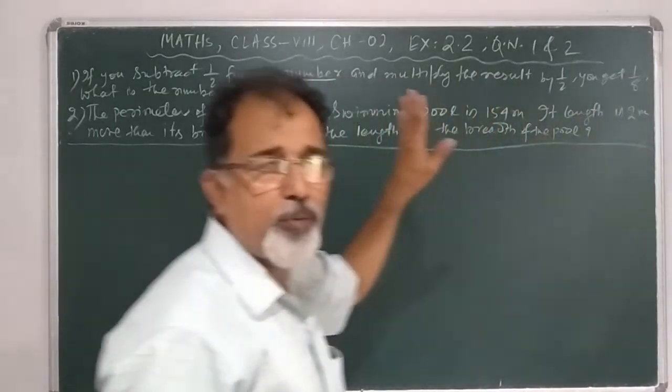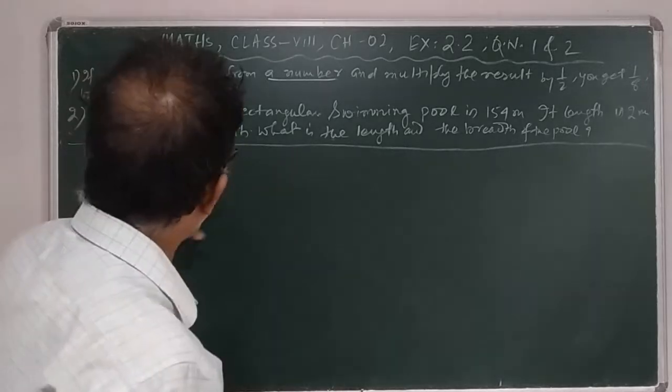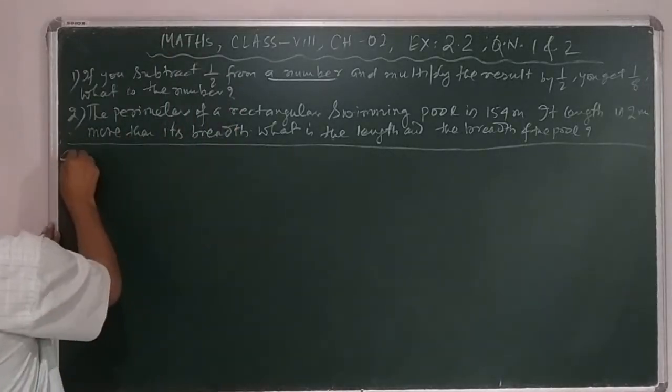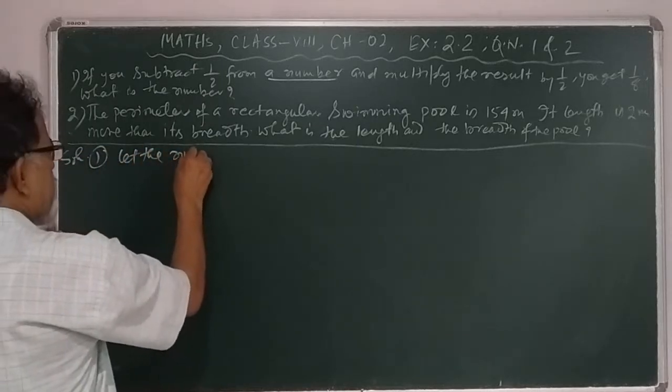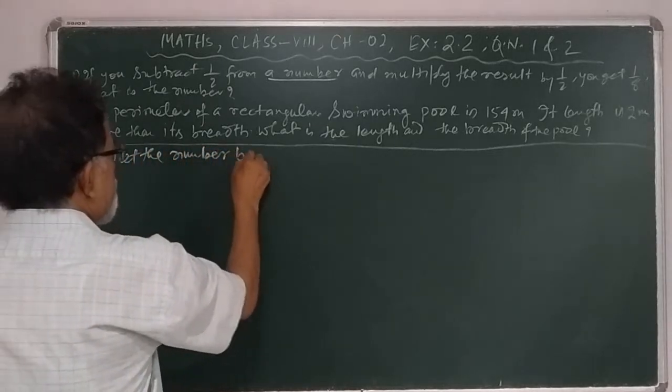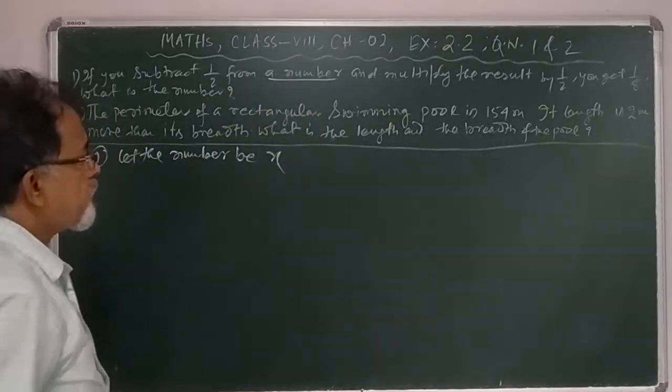So first of all, I am going to assume, let the number be X. Solution number 1. Let the number be X. This is unknown number.